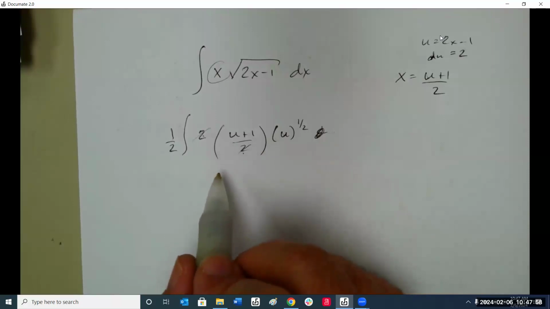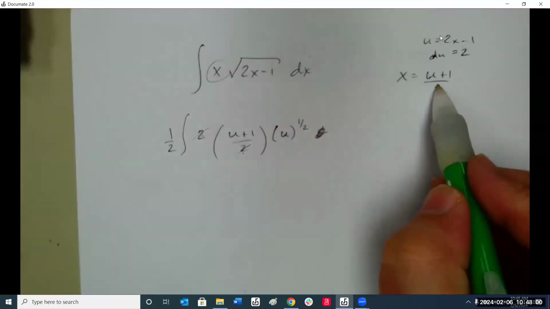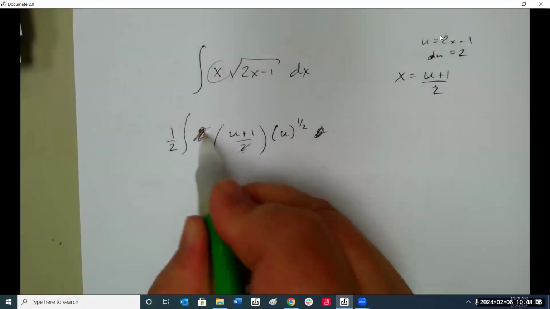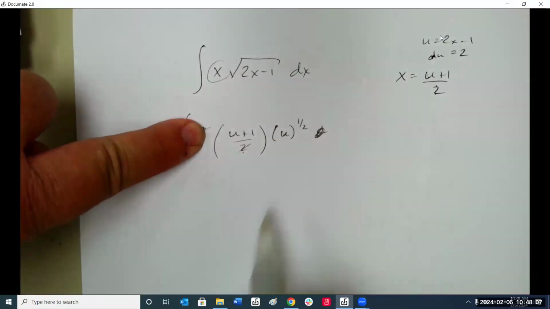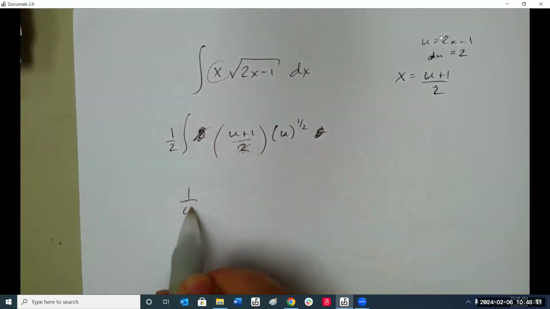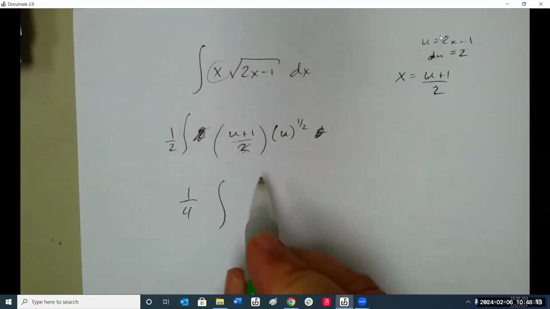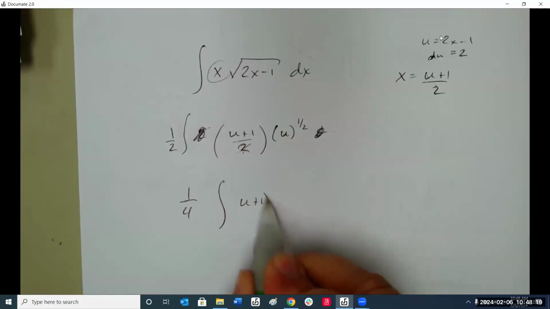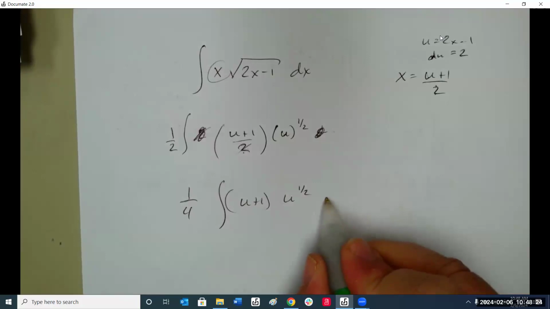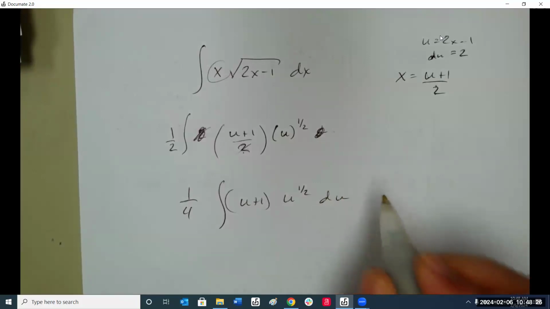So at this stage here, we converted u to x. Okay, let's forget this one here. This is what we have right now. If we put the 2, that's 1/4 times u plus 1, u to the power 1/2, du.